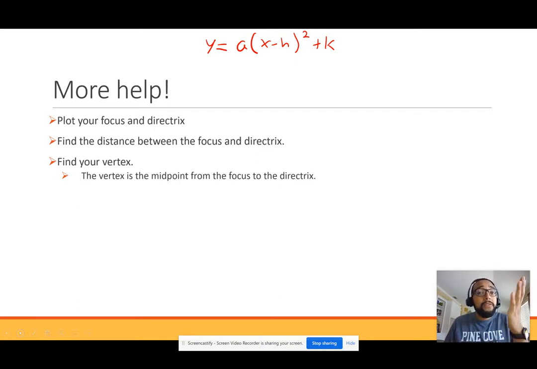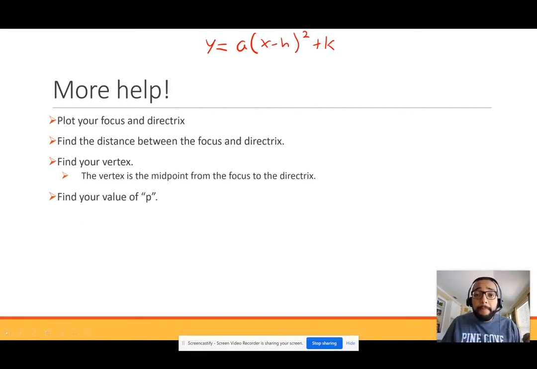So that means your vertex and your focus are going to have the same x value. So if it tells you you have a focus of (-7, 5), your vertex will have an x value of -7. Okay, so the vertex is in the middle of the focus and directrix.